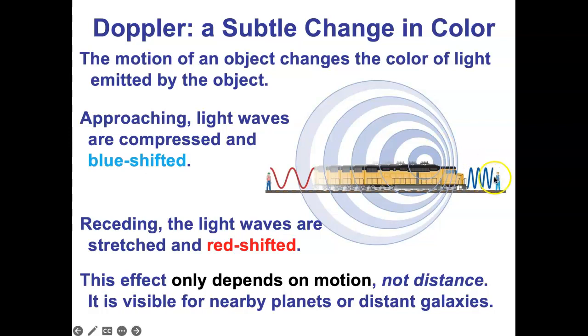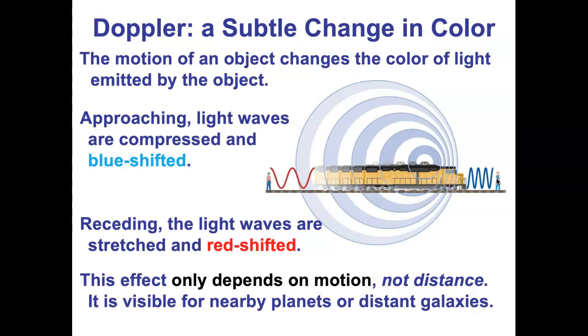Now let's say you're standing over here and the train is traveling toward you. Well, as that train blows its whistle, because the sound waves are traveling toward you and the train is traveling toward you, those sound waves are being squeezed. They're being compressed to shorter wavelengths, and shorter wavelength is higher frequency, and therefore the sound that you hear in your ear is higher pitch.